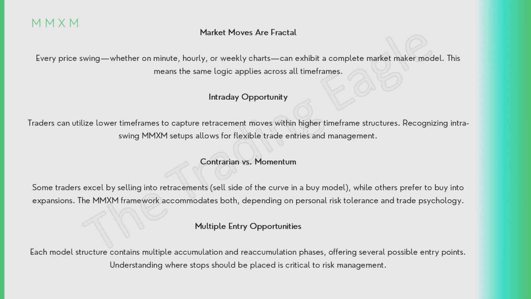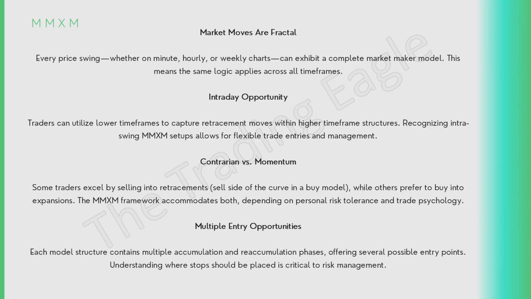But if you're going to trade the manipulation phase, then you need to trade your stop loss, and then you know how to place your take profit at the perfect place where you can expect a smart money reversal, those key levels. So the framework accommodates both trading patterns depending on your personal risk and trade psychology.